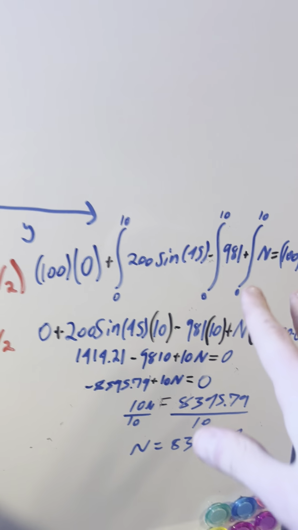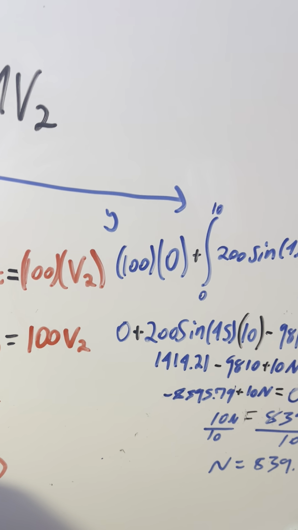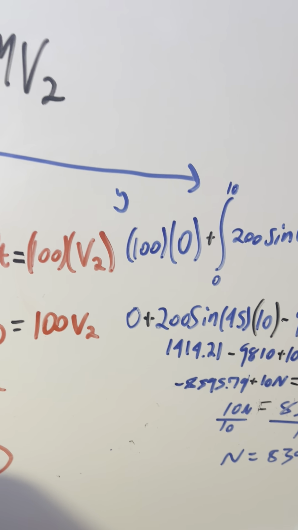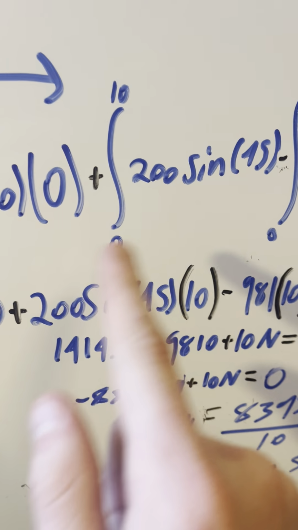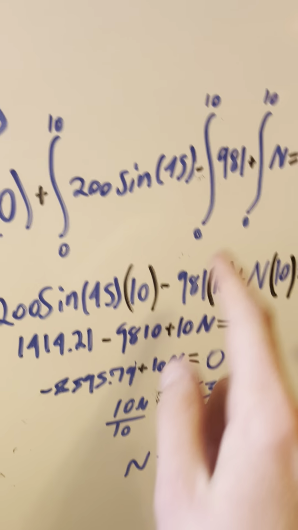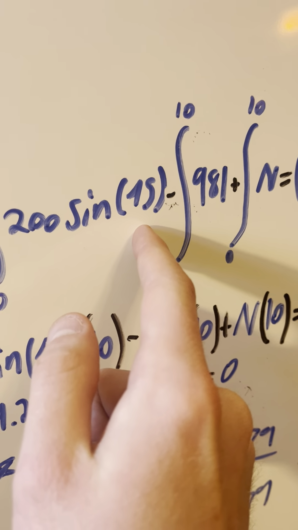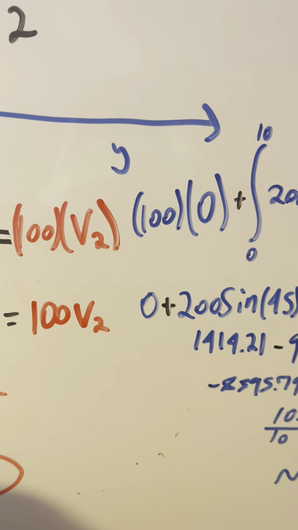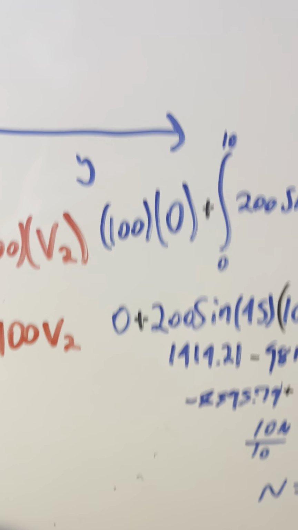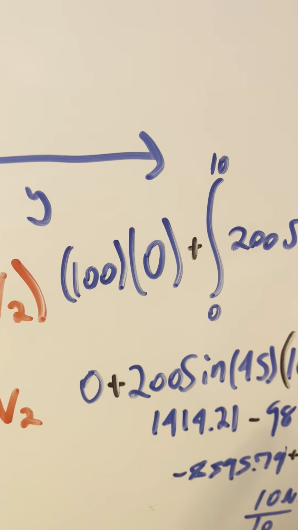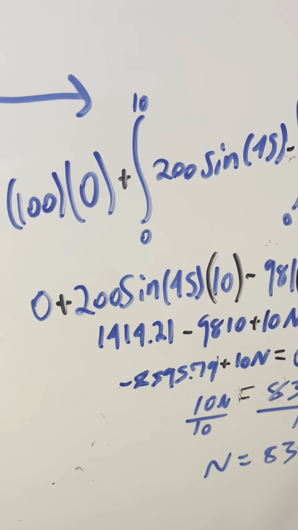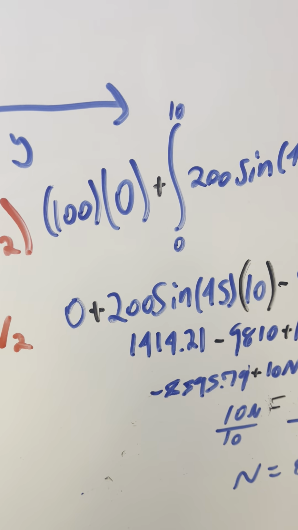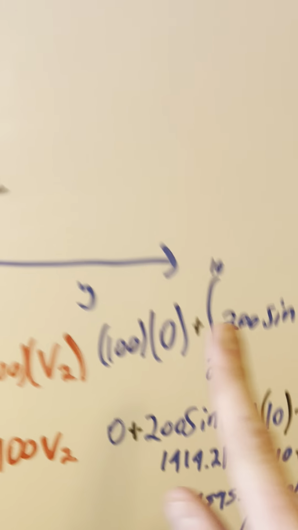Now, this is where we find that in the y direction, as well as the normal force, since that's also in the y direction. So same thing here, 100 times 0 plus the integral of 200 sine of 45 minus the integral, since it's the sum of, remember. That's why we're doing this. It's the sum of every single force that is acting vertically now. So this is why the convention of positive and negative, plus and minuses, is relevant, because this is positive, right?